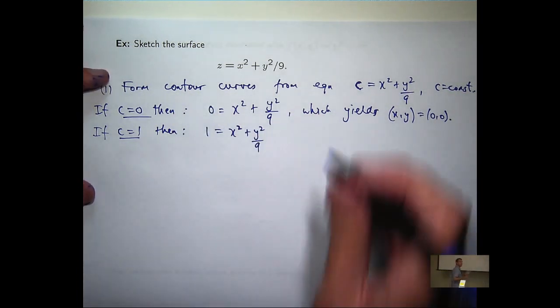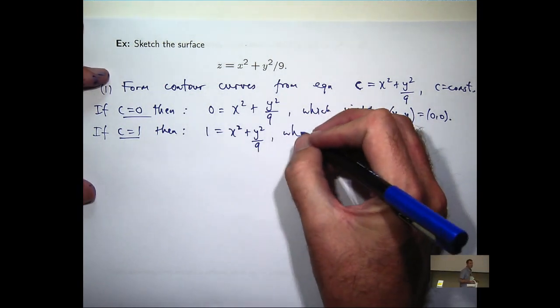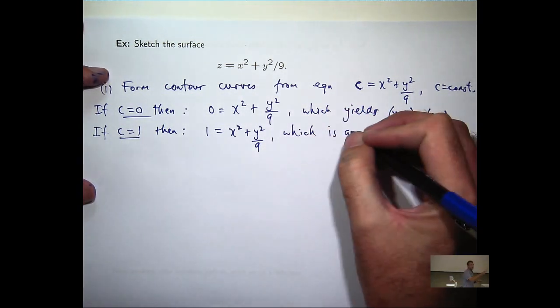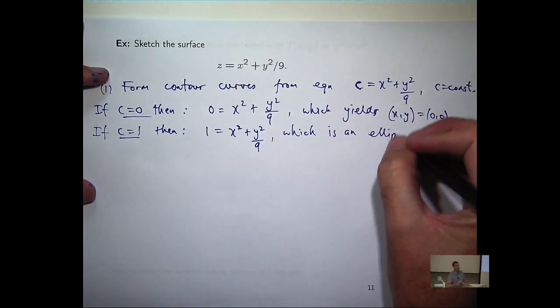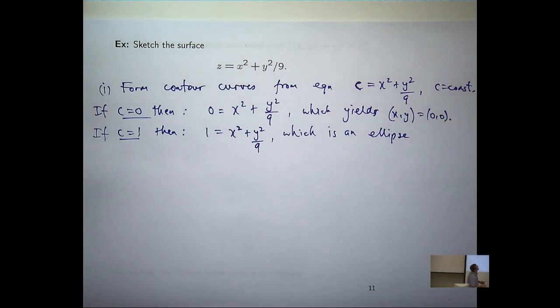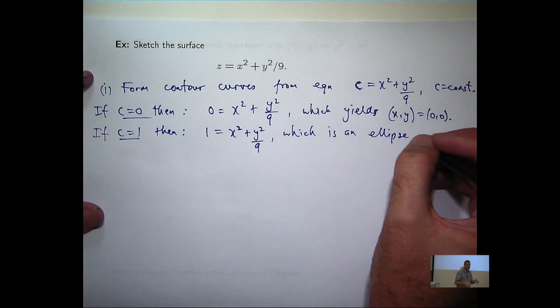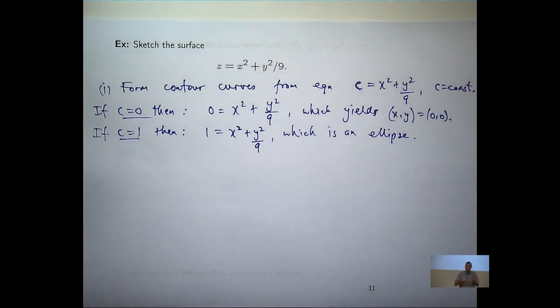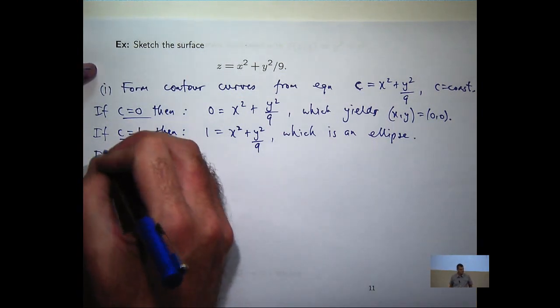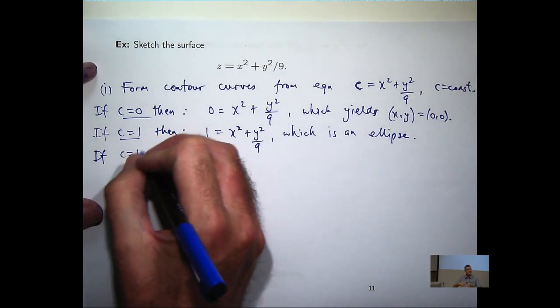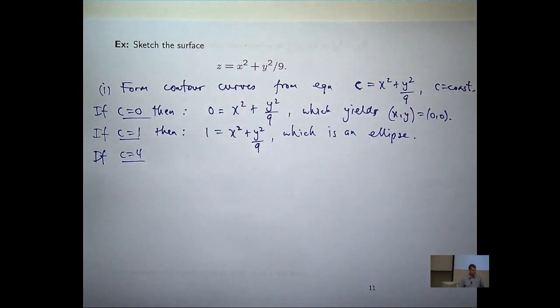An ellipse, right? Okay, now I haven't drawn anything yet. I'll draw something in a minute. And I'm going to choose another one, c equals 4. Now I could choose c equals 2 or c equals 3, but it's not going to give me the nice numbers that I really want. Okay?